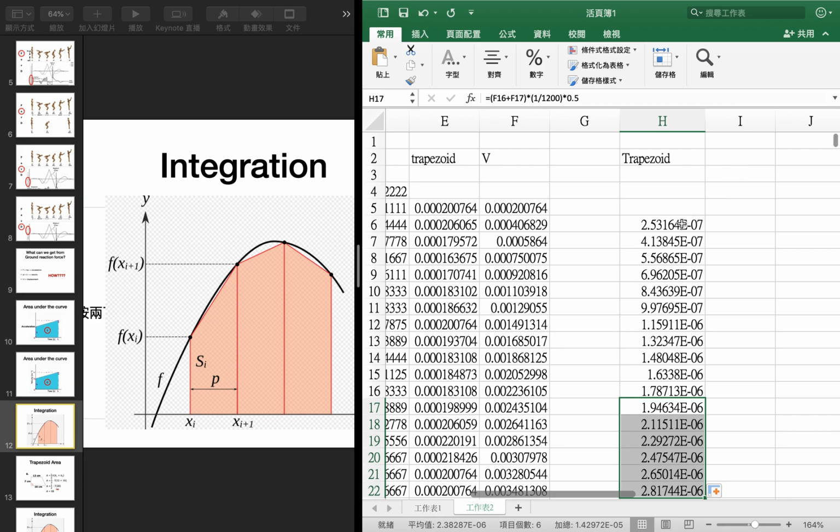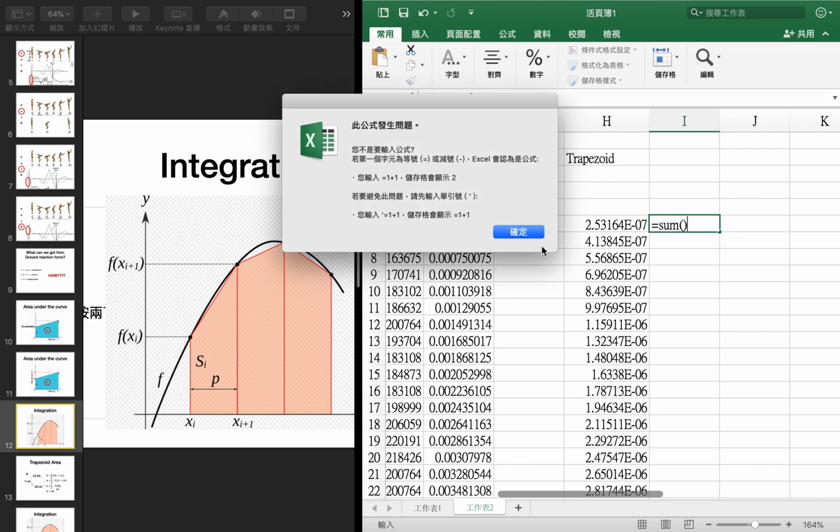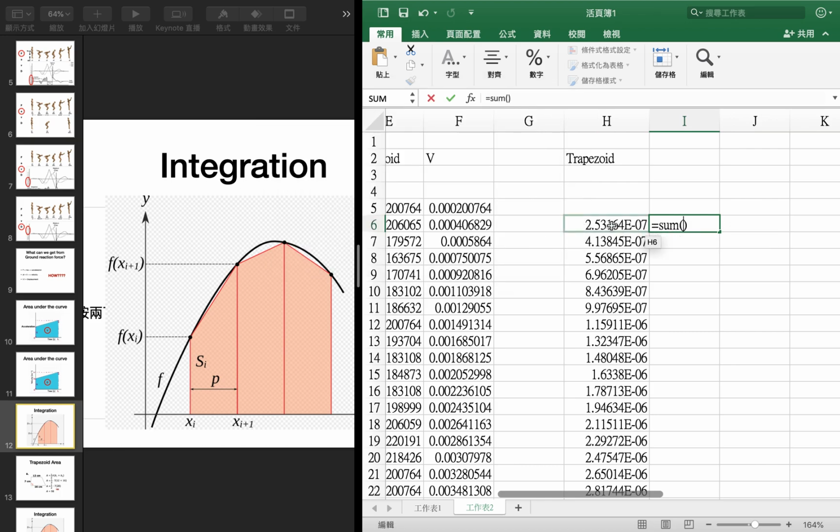Then we're going to accumulate all the trapezoid areas to get the displacement at each data point. So, if you remember, we use the sum function. We need to fix the first block, so we put a dollar sign before it. That'll be $H$6 until H6.